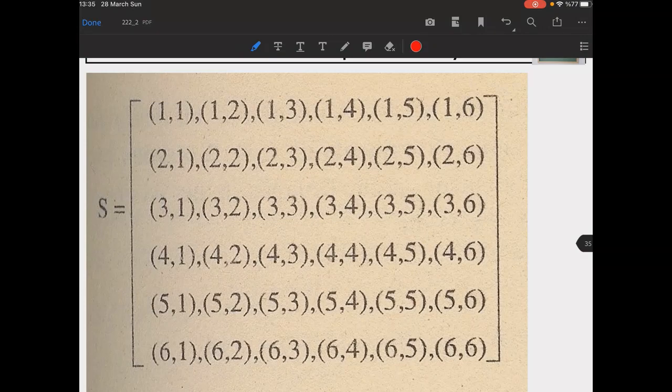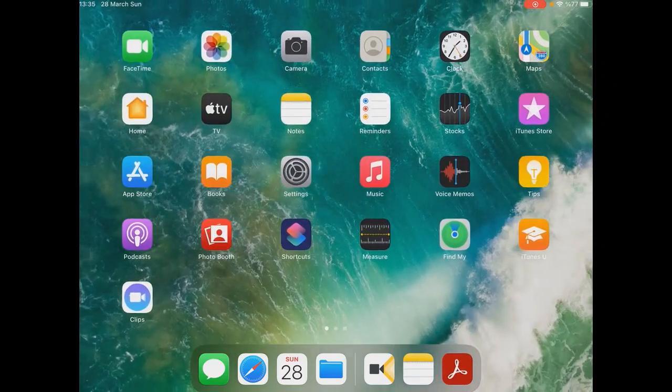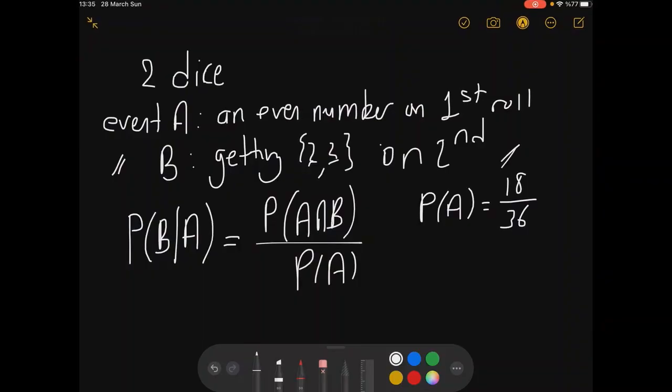From the sample set of 36 elements, that's how we define it. Half of them would cover an even number on the first roll, no matter what you get on the second. And how about the probability of B here? It is only 12 cases, given the full sample set of 36 elements.